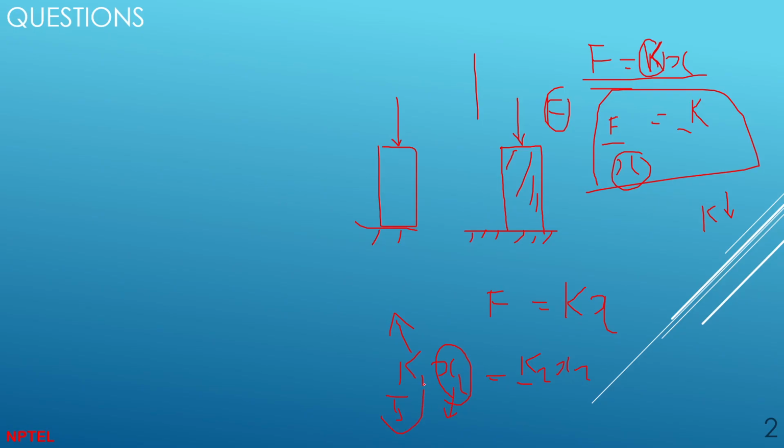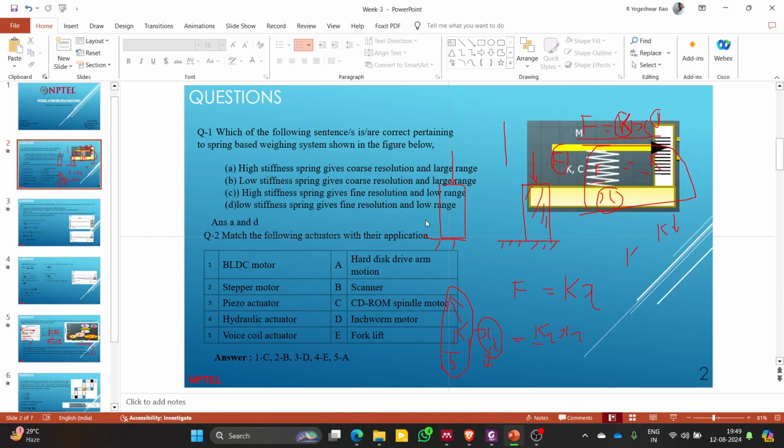This is what stiffness is, a property of a material. The basic definition of stiffness is the force applied to get a unit deformation, that is, the force for which the deformation is one.